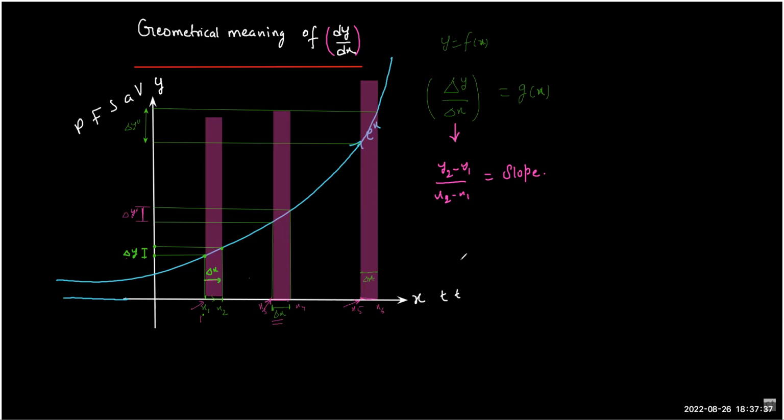Earlier, it was written as a limit: if the change is very small, as small as 0, for such changes, what will be its value? So when you find the ratio of the dependent and independent variable, and you assume that the change brought in x is very small, then the value of this ratio we call dy by dx. Is this clear, guys? Yes.